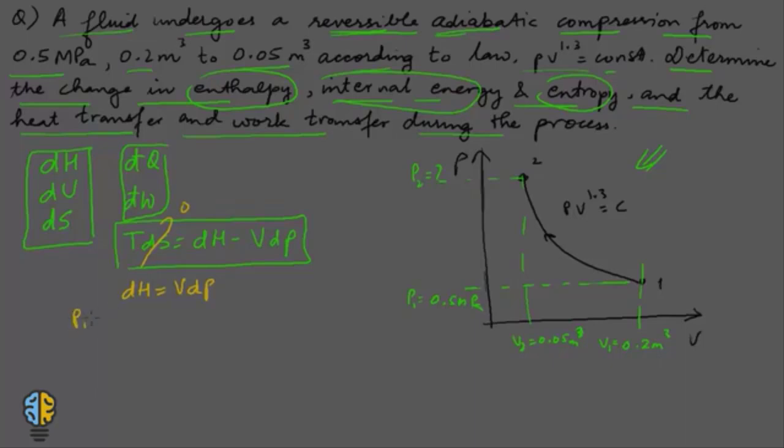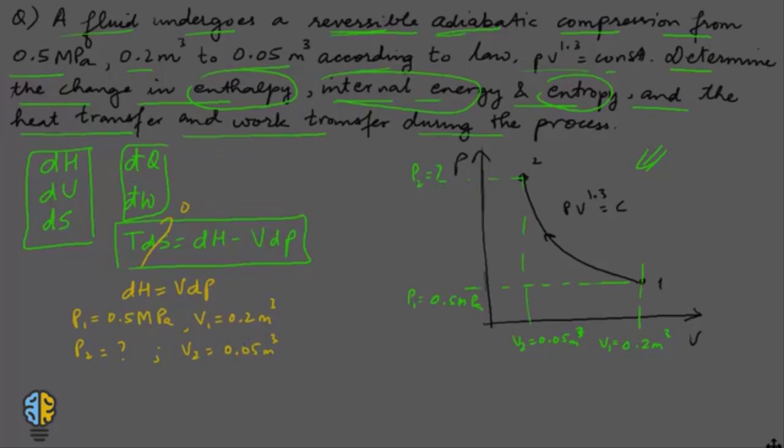Okay, so let's write down some data which is given to us. P1 is 0.5 MPa, and V1 is 0.2 meter cube. P2 we don't know the value of, and V2 is 0.05 meter cube.